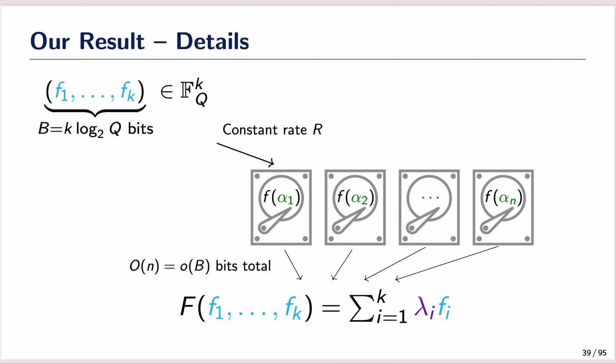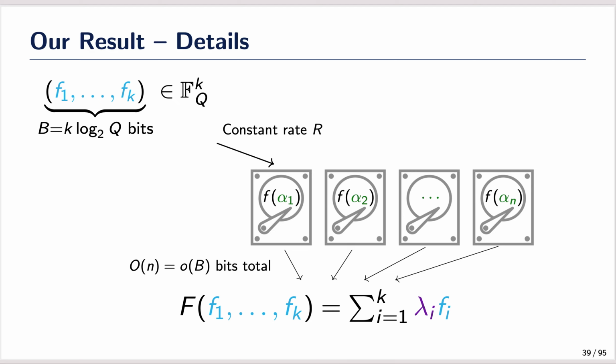And then you fix an evaluation point, some alpha_i for each of the nodes, and each of those points comes from the field F_q. And then you evaluate that polynomial at the evaluation point corresponding to each node and give that evaluation to that node to store. And so this is a Reed-Solomon code.